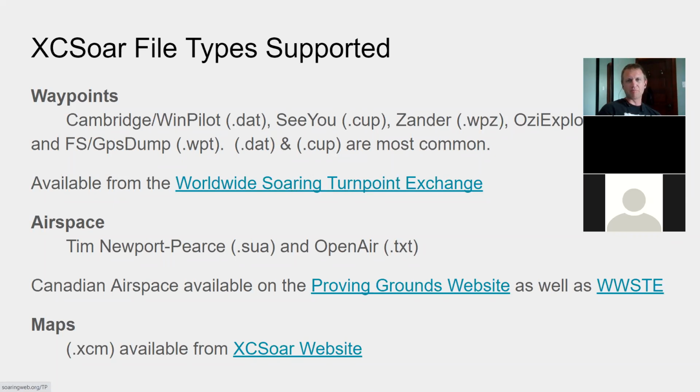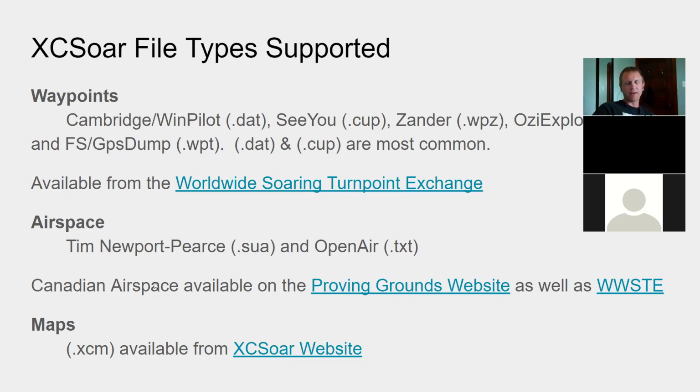Otherwise, you've probably grabbed one from my Google Drive folders that I shared with the invitation. Same with airspace. There's two different files that XCSoar takes, SUA and OpenAir. On the Worldwide Soaring Turnpoint Exchange, the OpenAir suffix is sometimes .air, and if you just switch that to .txt, then it'll work normally for those files.